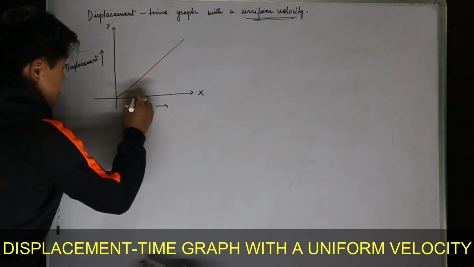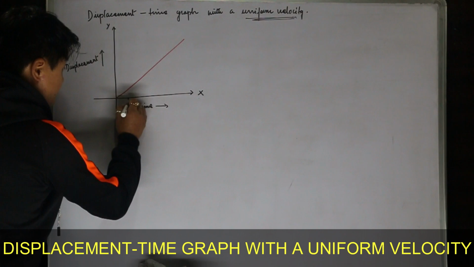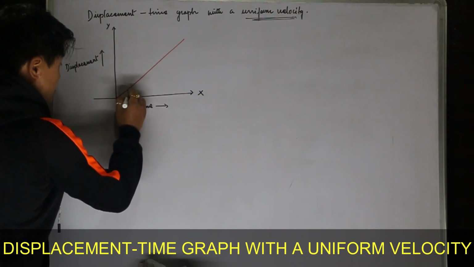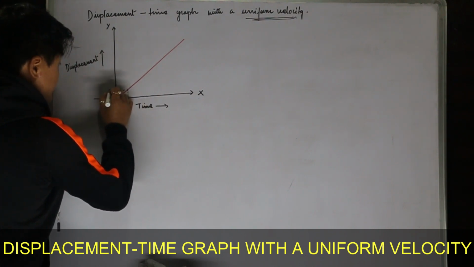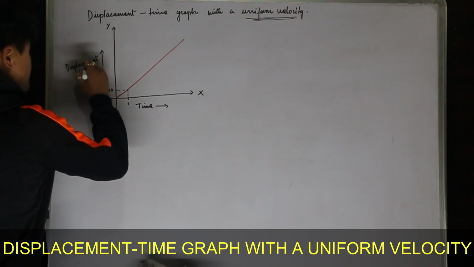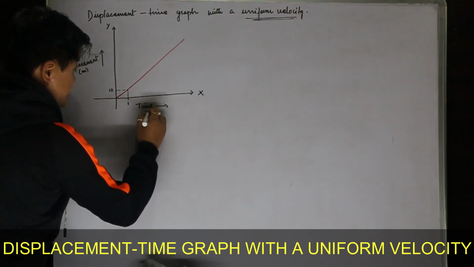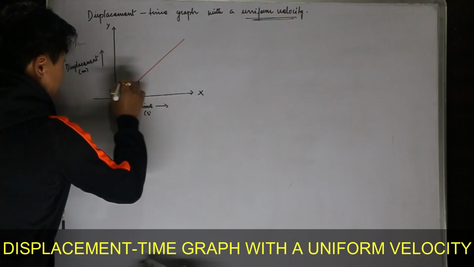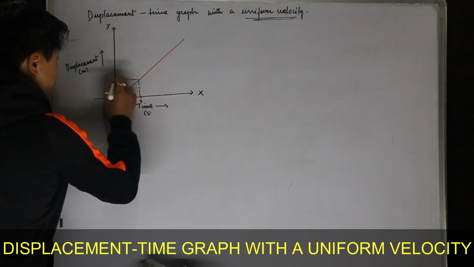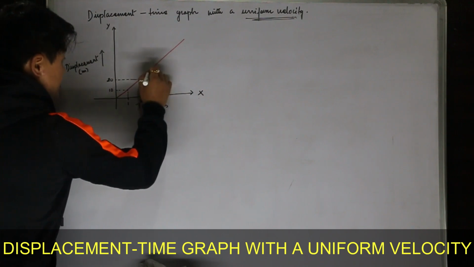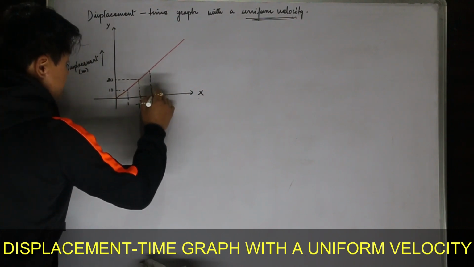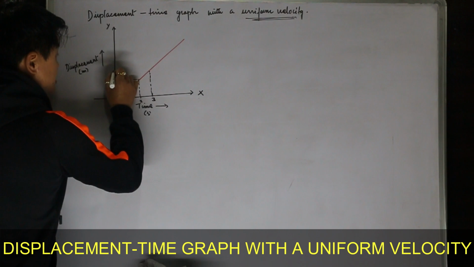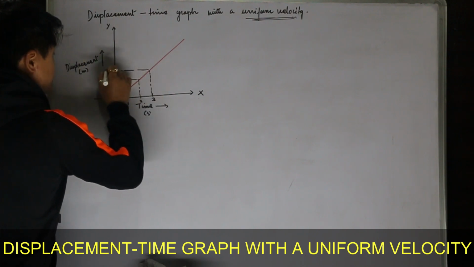In 1 second, here the body will cover 10 meters. So this is displacement in meters and time in seconds. Suppose in 2 seconds the displacement of the body will be here 20. In 3 seconds the displacement of the body here will be 30.